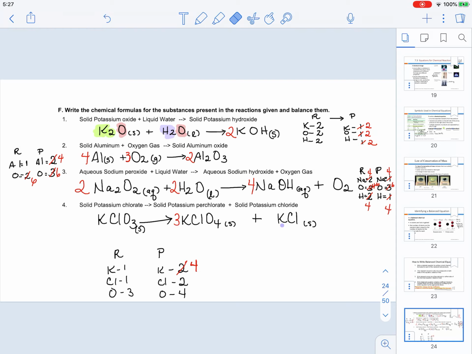Then our chlorines will go from 2 to 4, because remember, 3 times 1 plus this one, that's 4. And then our oxygens are going to go to 12.